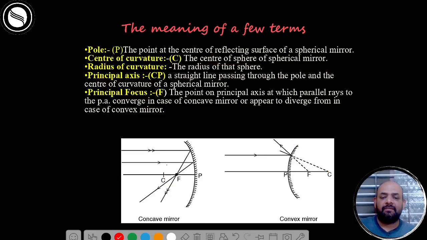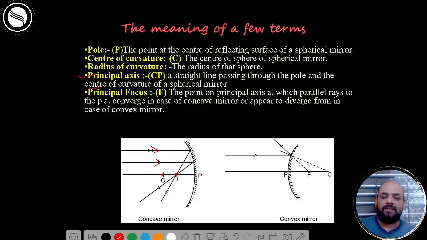Now after that we have to define focus. We discussed focus in the last slide also. Those parallel rays will meet at a certain point on the principal axis, and that point is known as the principal focus. And apart from that, we have to discuss the principal axis also. Principal axis means the line joining the center and pole.